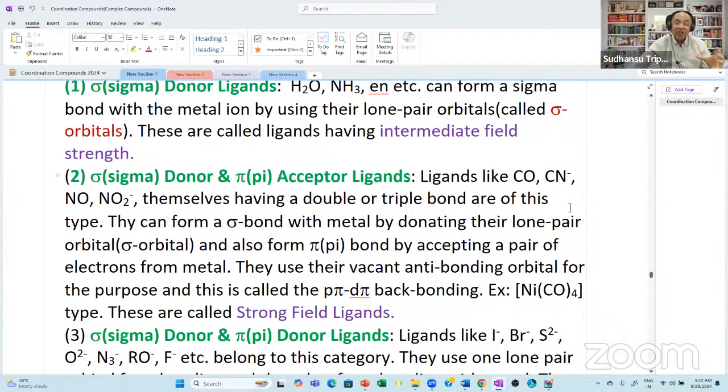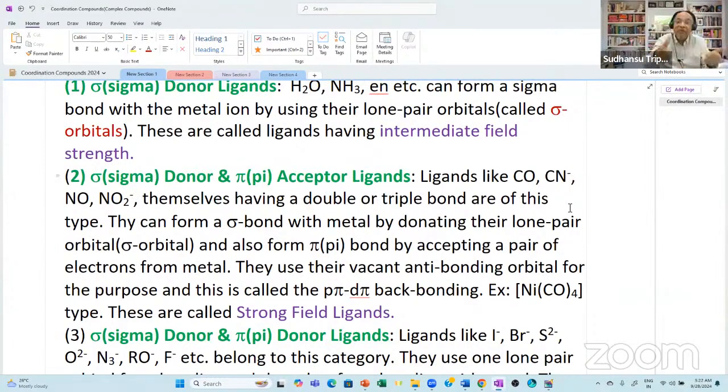As a result, it will form a sigma bond by its donation to the central metal ion, which is the normal usual case of coordination, where the donor, the Lewis base, is the ligand, and the acceptor, the metal ion, is the Lewis acid. That is the usual sigma bond.